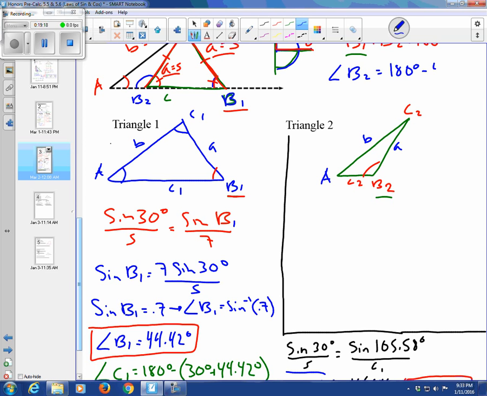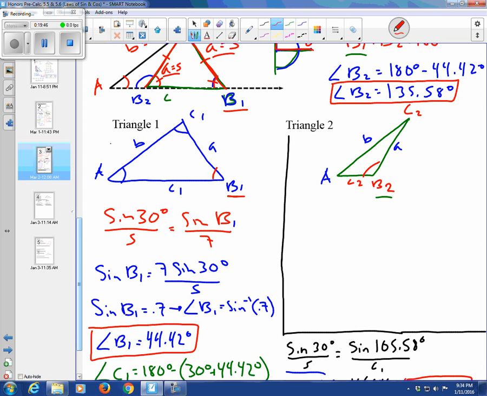So 180 degrees minus 44.42 degrees gives us our angle B2 as being 135.58 degrees. And there's our angle B2.